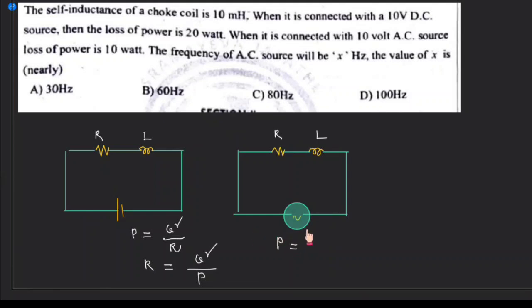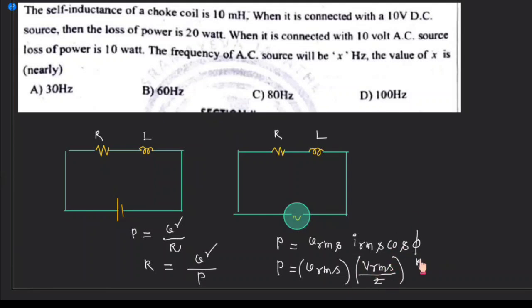And here for AC, power is equal to VRMS into IRMS into cos phi. You could say this P is equal to VRMS into IRMS, which can be written as VRMS by Z, and this cos phi can be written as R by Z if it is an RL circuit, right?